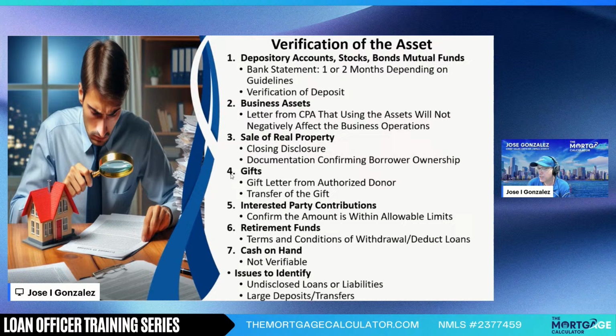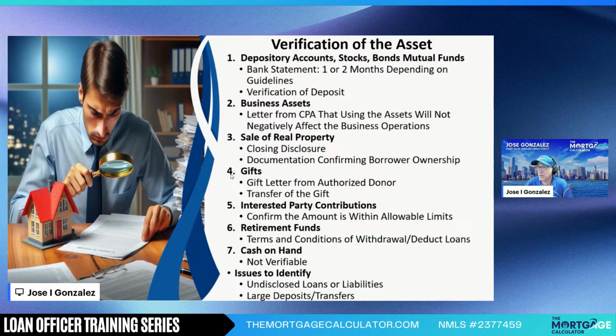And I use the term CPA here interchangeably to mean actual CPA, or tax preparer, or accountant. Any of those three could prepare the letter stating that using the assets for the transaction, like for the down payment, closing costs, reserves, or whatever is going to be used, will not negatively affect the business operations, right?